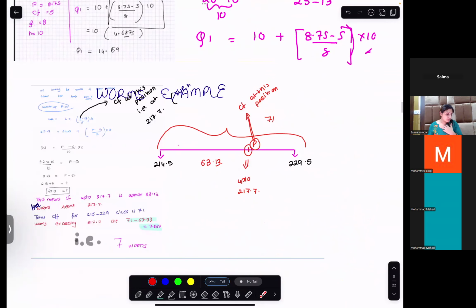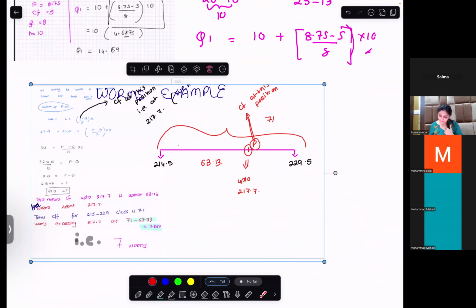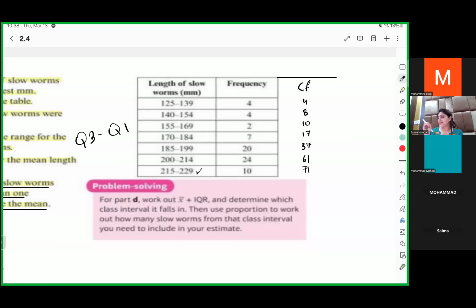Okay. Remember the worms example? Just go through it and explain it to me. So this is one example of linear interpolation that is going to help us solve other examples. So our linear interpolation formula is L plus P minus CF over F into H. Are you with me?